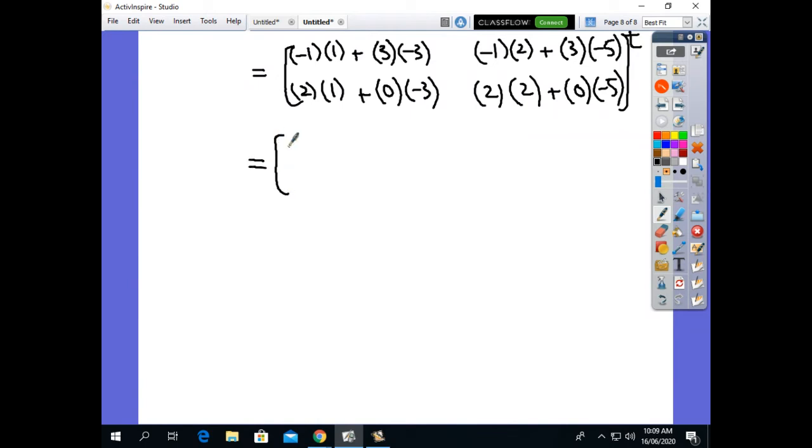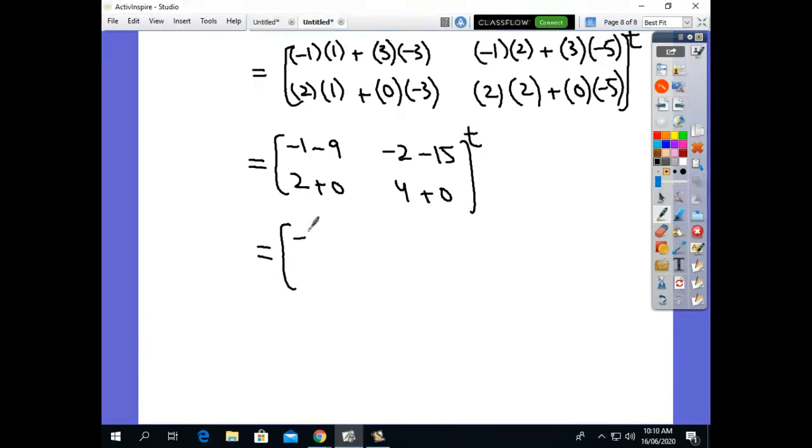Now simplified, it becomes -1, -9, -2, -15, 2, 0, 4, plus 0, and the whole transpose on it. After more simplification, it becomes -10, -17, 2, 4, and transpose.